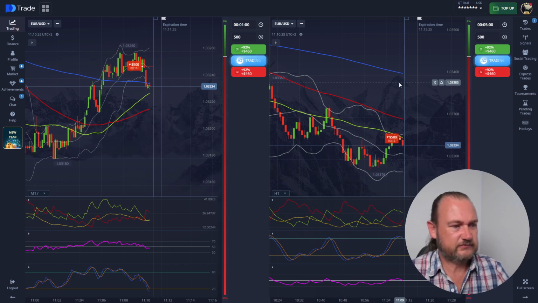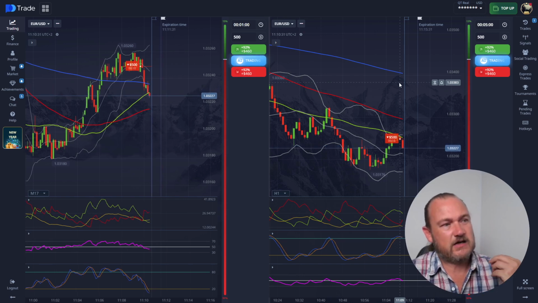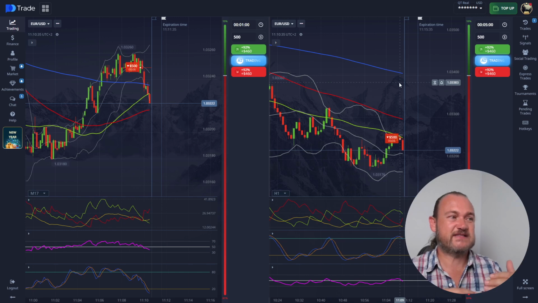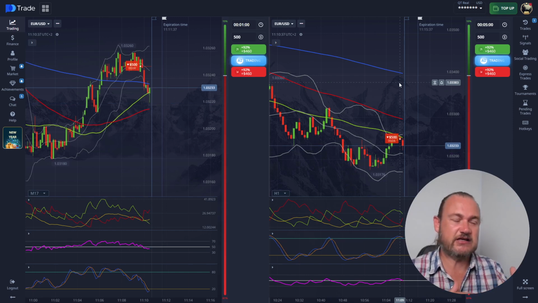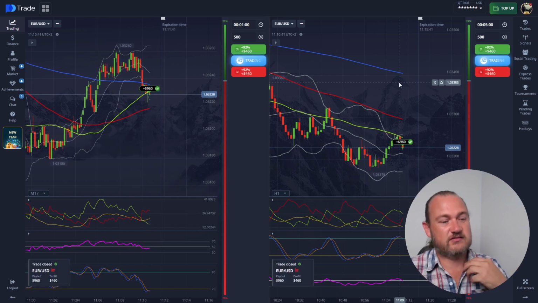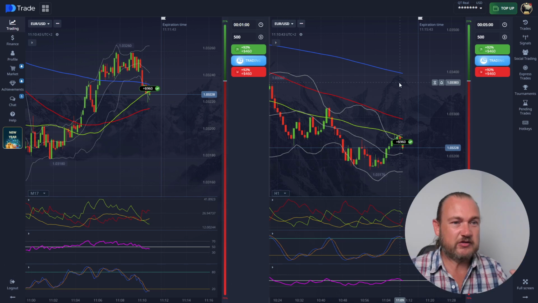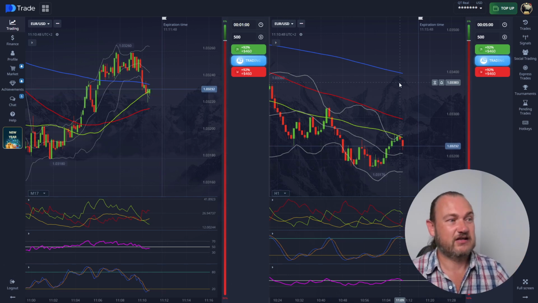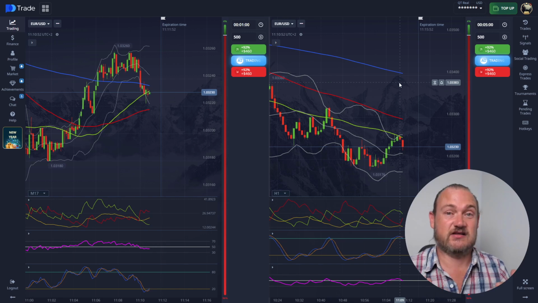So yeah, this is why we wait for setups again. Imagine if I got upset about the previous trade that I lost and took another one, lost it again, and then took another one, lost it again, and then gave up and said, okay, fine, I'm going to stop trading, only to see the price drop like this, and then be super depressed because I took 3 trades and lost.